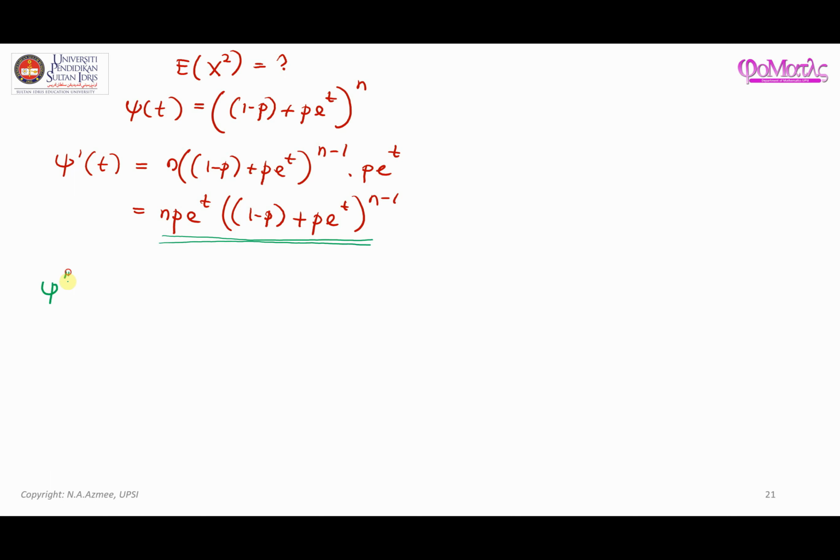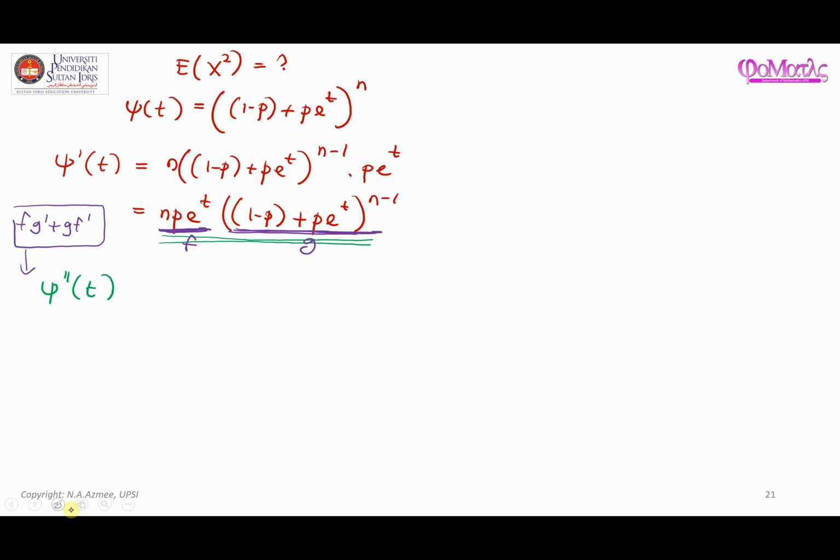So the second derivative: you can consider this part to be f, and this part to be g. So we can use the formula fg' + gf' in order to get the second derivative.